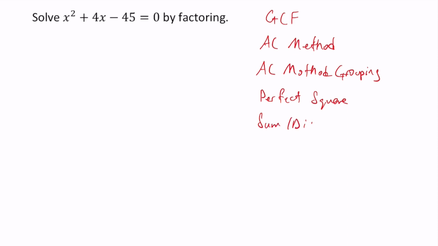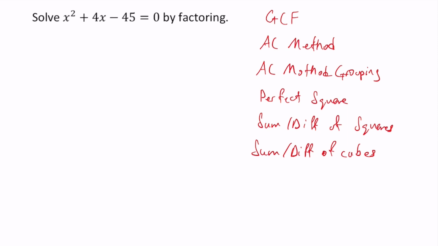Sum and difference of squares. And sum and difference of cubes. And sometimes the trick is trying to determine which method of factoring is most appropriate for a question like this. So let's look at them.